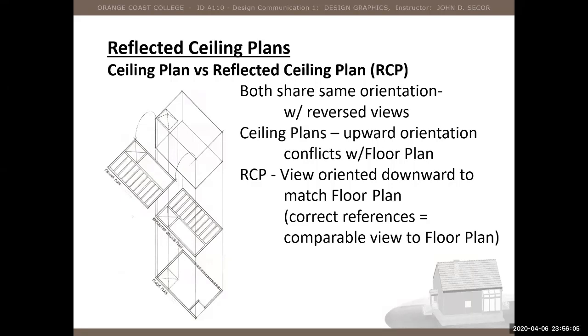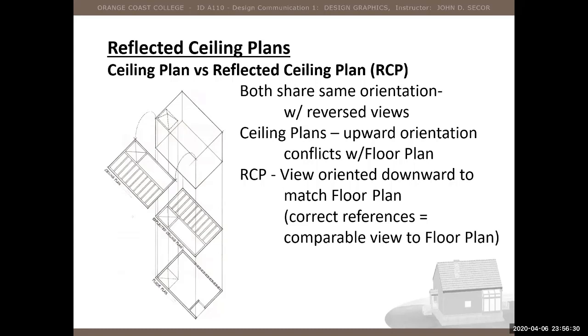So what we do in a reflected ceiling plan is basically flip the axes so that the plan that is represented has an alignment and a relevance to the construction and the design below. And you'll see how that becomes important in a little bit.